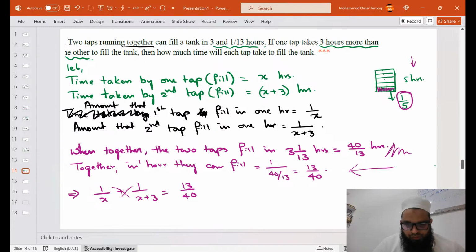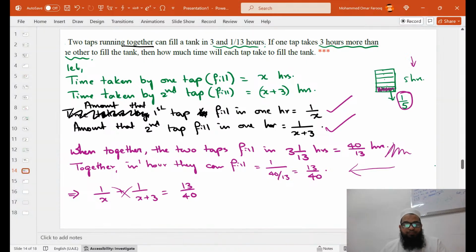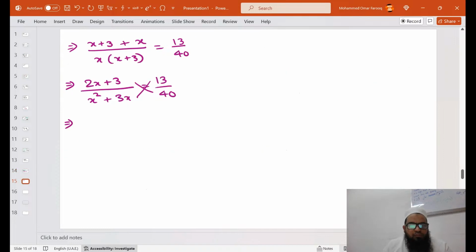So let us add how much they can fill in 1 hour. The first tap can fill 1 by x part, the second tap can fill 1 by x plus 3, and combined they can fill 13 by 40. Understood? So I think you understood this.